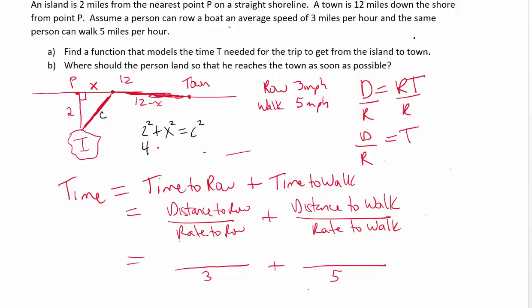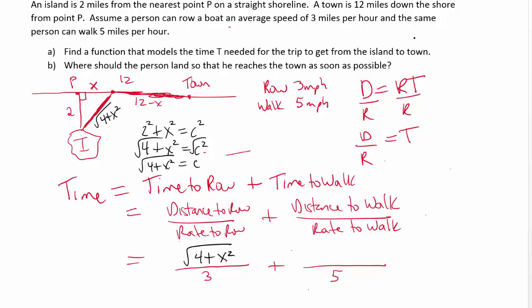And that means 4 plus x squared has to equal c squared. And to solve for c, we could take a square root of both sides. And so this hypotenuse right here must be the square root of 4 plus x squared. And that is our distance to row, because it's that long that we have to row through the water.